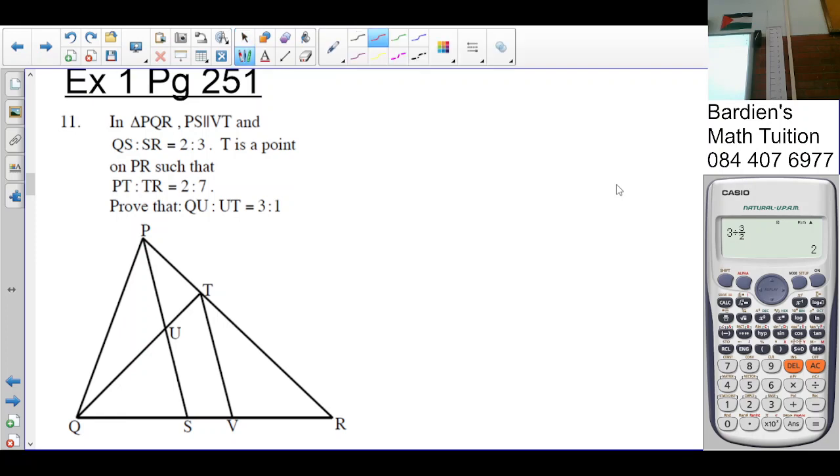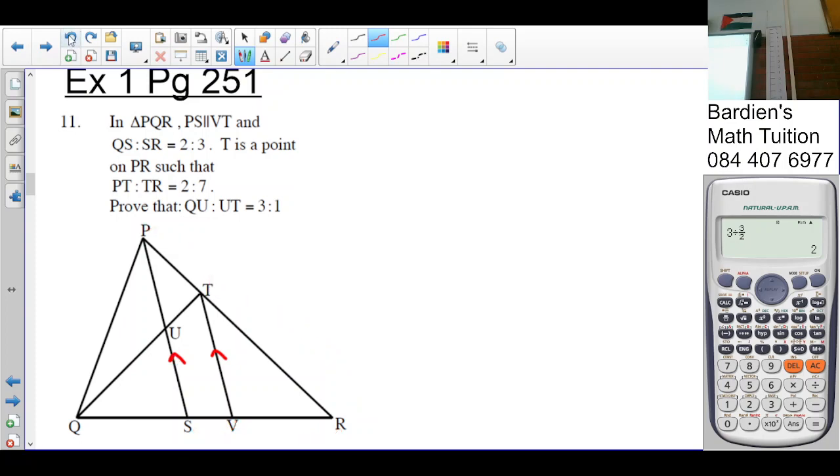So in this big triangle here, we are told that PS is parallel to TB or VT. What can we say from here? That RT over PT equals RB over SB. Not so?